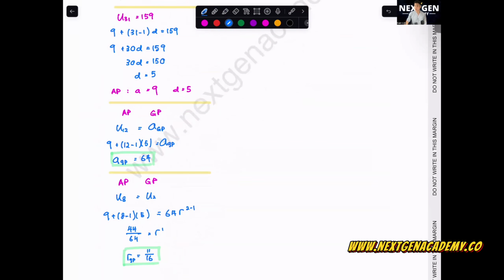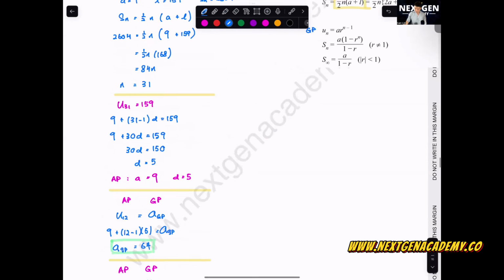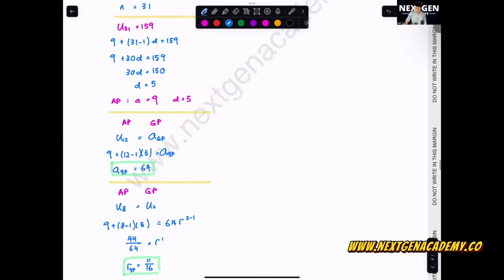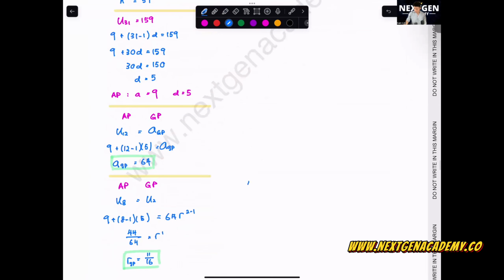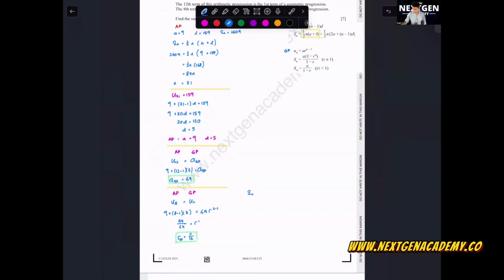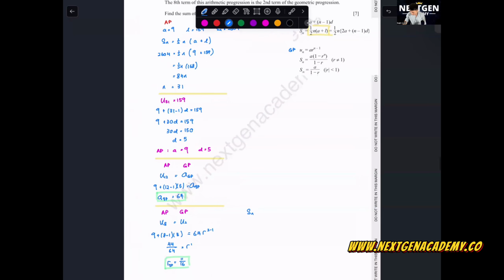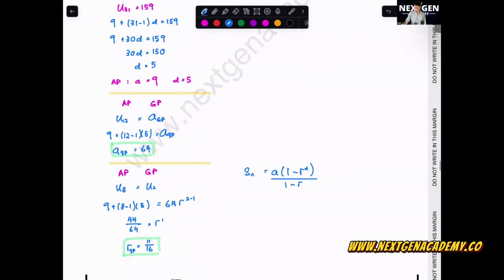Now, they want to find the sum of the first 6 terms. For GP, what is the sum of the first 6 terms? The formula we will use is S_n. Look into the formula above: A bracket 1 minus R to the power of n over 1 minus R. This is for GP.